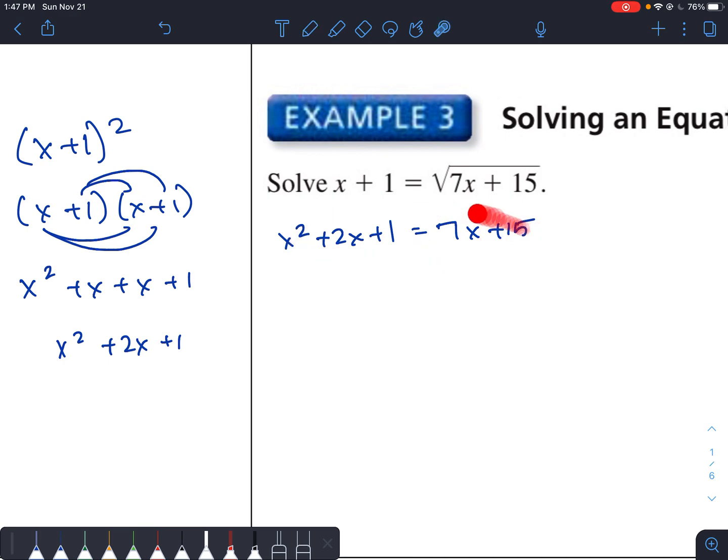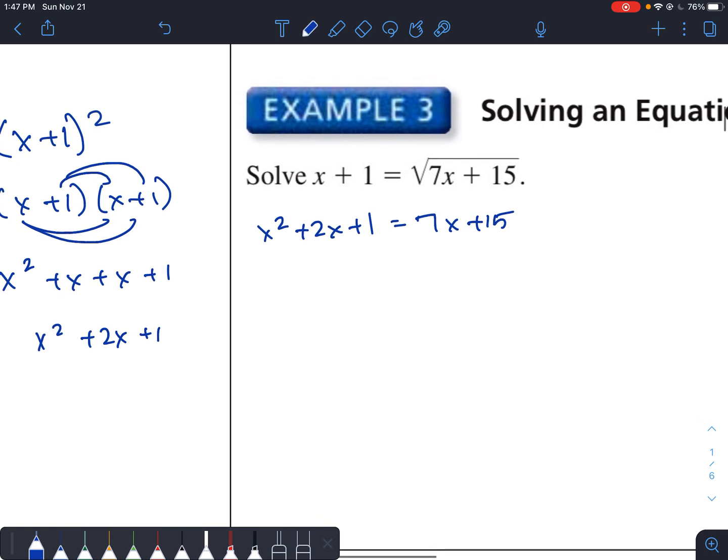Now notice that by doing this, I actually have a quadratic equation right now. And to solve quadratics, we want them equal to 0. So I'm going to subtract 7x and subtract 15. So I have x squared, I'd be left with negative 5x, and then that would be minus 14 equal to 0.